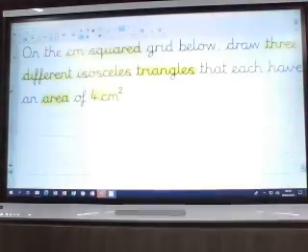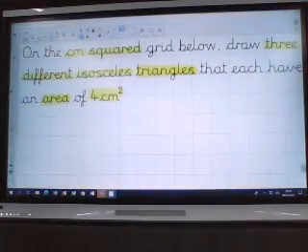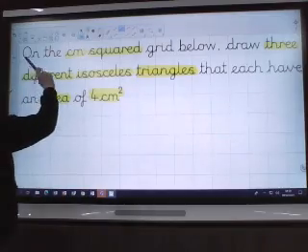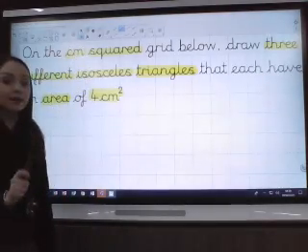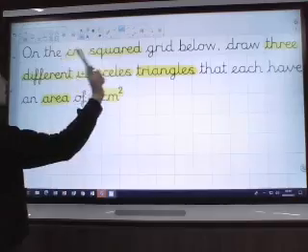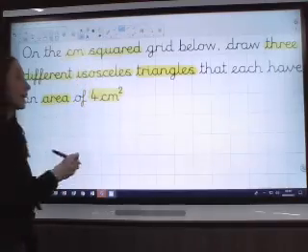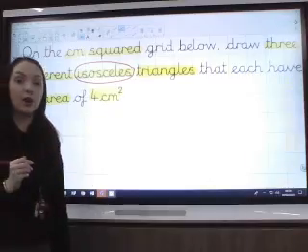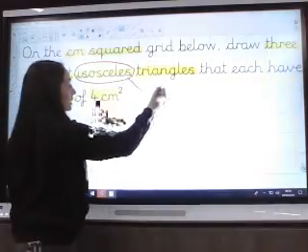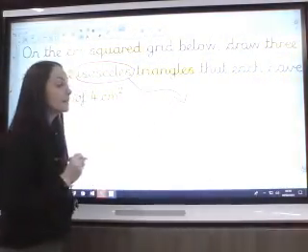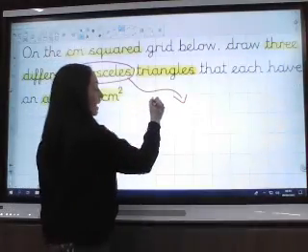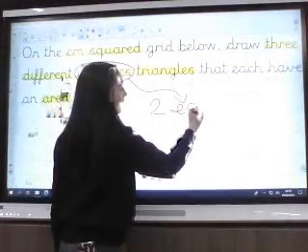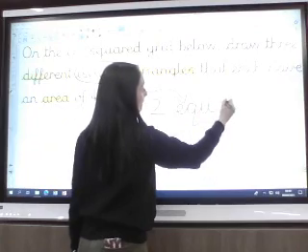So let's have a look. I've gone through and highlighted my key vocabulary. So this is on a centimetre squared grid. So we need to remember that. We need to draw 3 different triangles, and we need to draw 3 isosceles triangles. Now an isosceles triangle, you might already know what that means, but it means it's a triangle with 2 equal lengths.